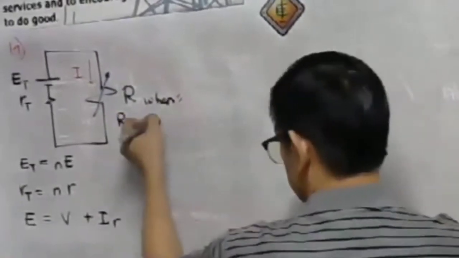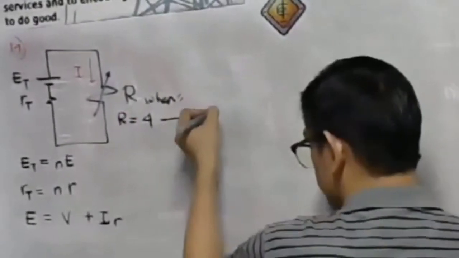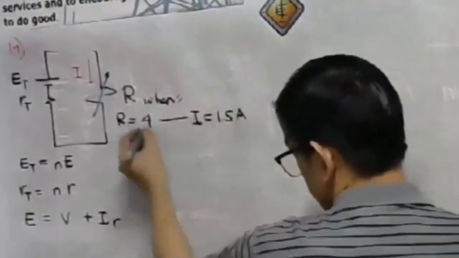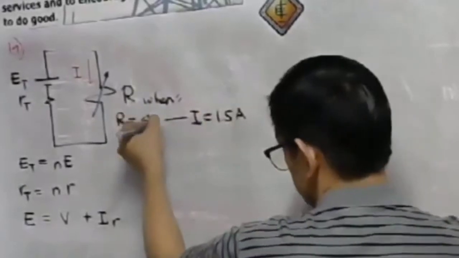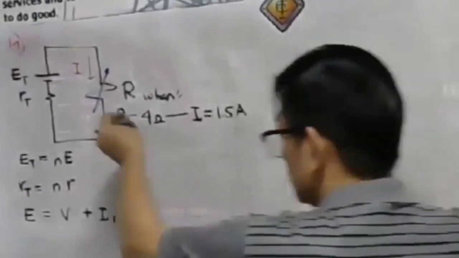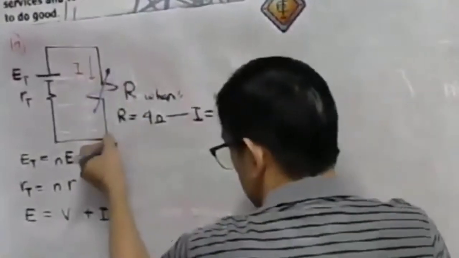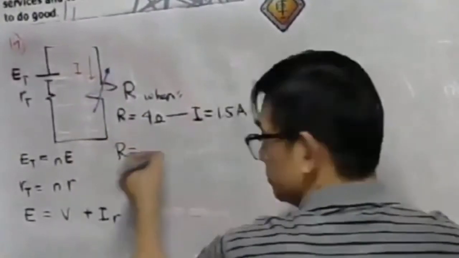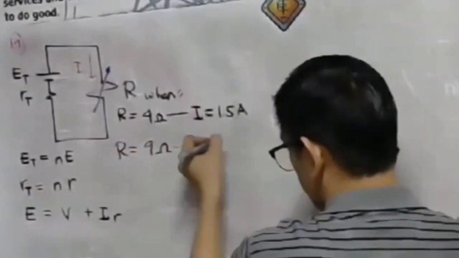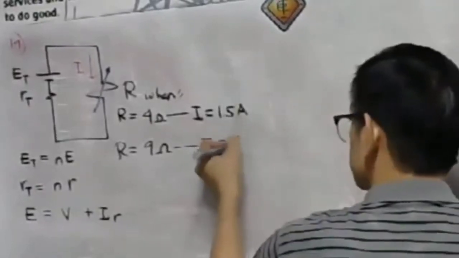The current. What is the current? The current is 1.5 amperes. This is actually 4 ohms. Then when you adjust, when you increase the resistance from 4 to 9 ohm, the resistance of 9 ohm will give us a current of 0.75 amperes.